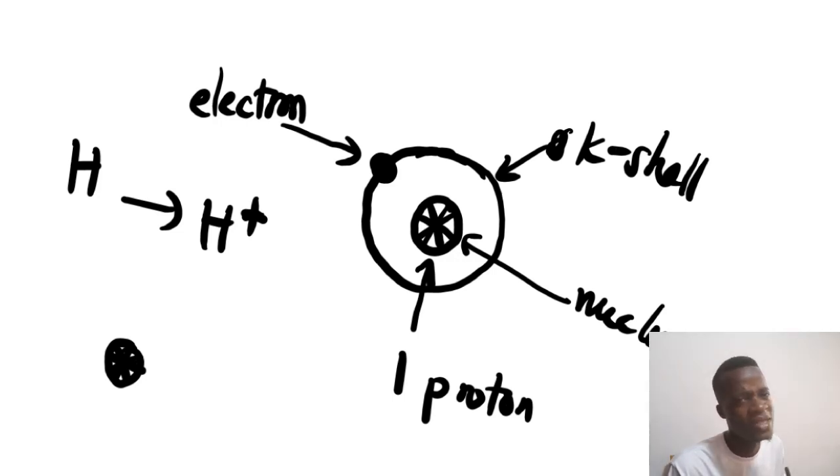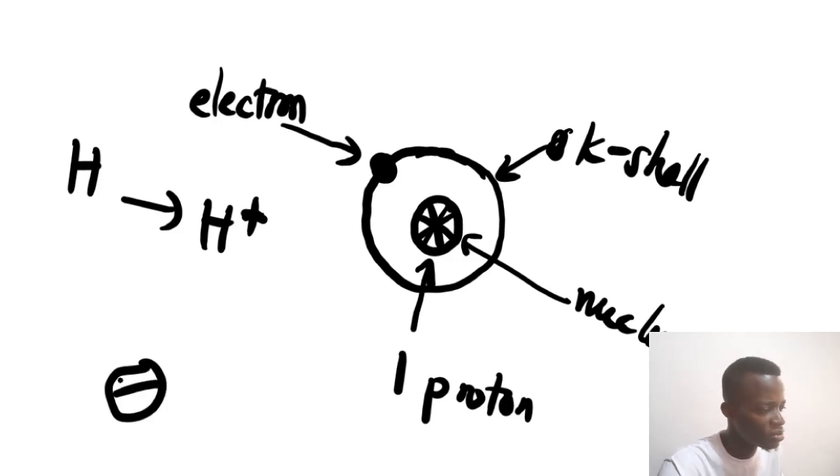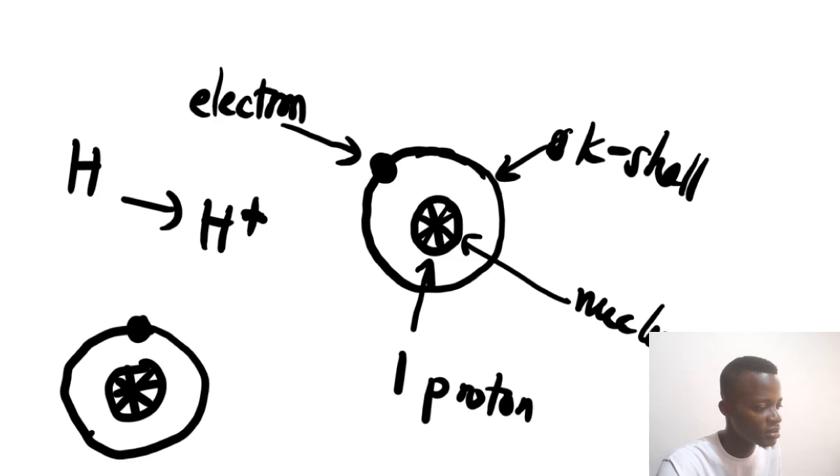So the other way is that hydrogen can be part of the group 7 elements, who generally take in 1 electron. They are the guys that seek 1 electron. If you are part of group 1, you should be able to deliver your electron. If you are part of group 7, you should be able to seek 1 electron. So for hydrogen to become fully stable, it will take another electron, and it becomes something like this.